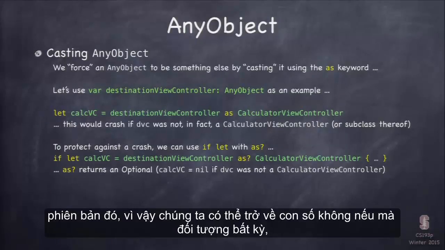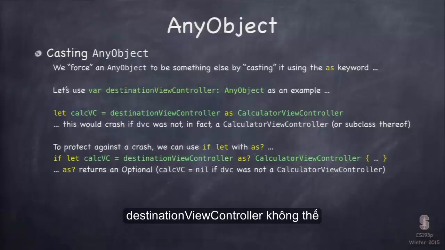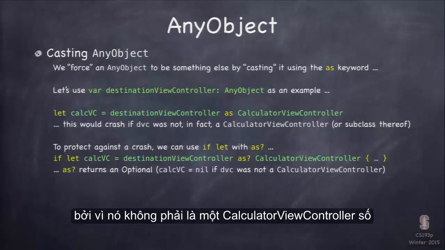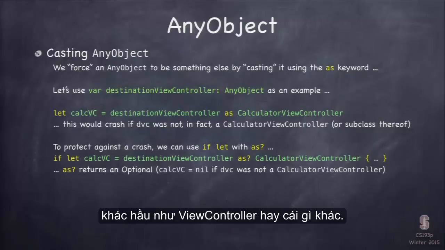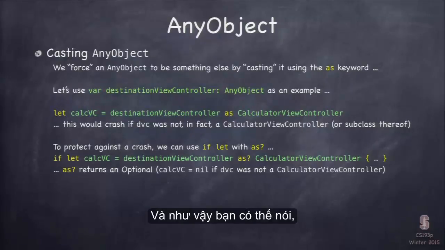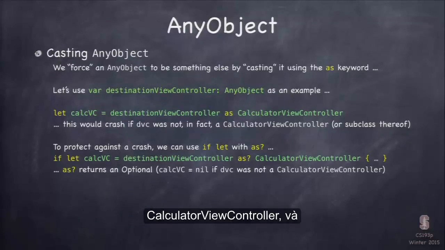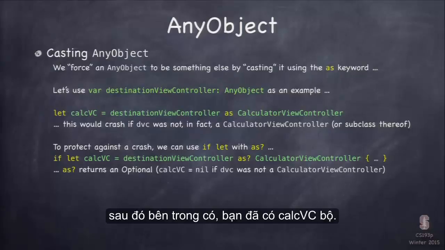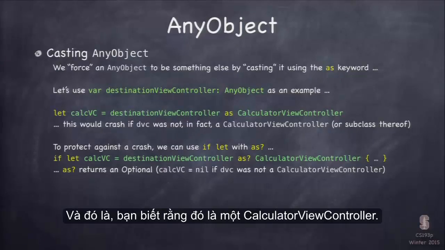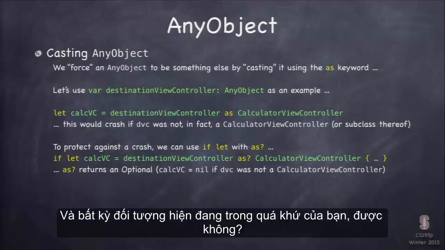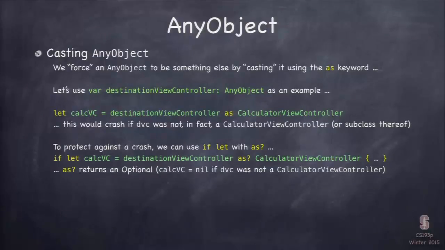So it can return nil if that any object, destination view controller, cannot be turned into a calculator view controller because it's not a calculator view controller, it's some other kind of view controller or something else, all right? And so you can say if let calc_vc equals destination view controller as? calculator view controller, and then inside there you've got calc_vc set, and you know that it's a calculator view controller, and any object is now in your past. Okay? Make sense?